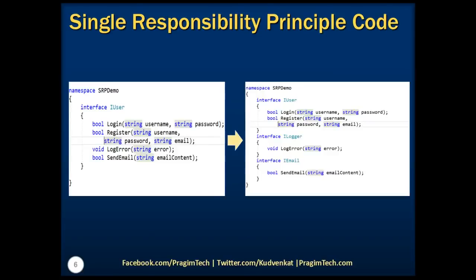After those changes, we achieved single responsibility from the respective classes' perspective. But if you take a closer look at the same example from the perspective of interface segregation, we have as well segregated one big interface which handles login, registration, email, and error logging into multiple interfaces, adapting to the interface segregation principle.